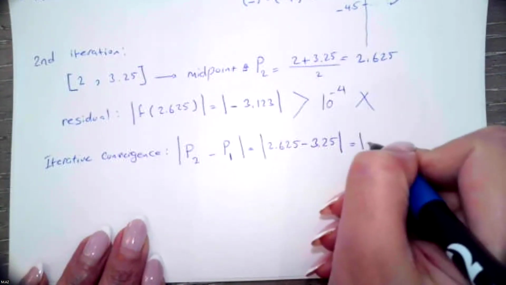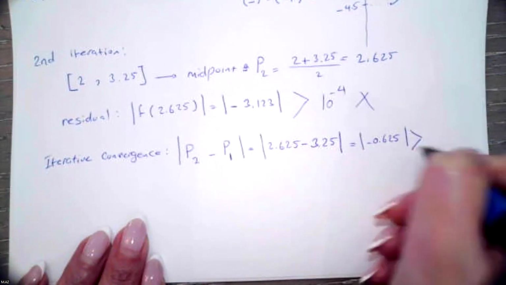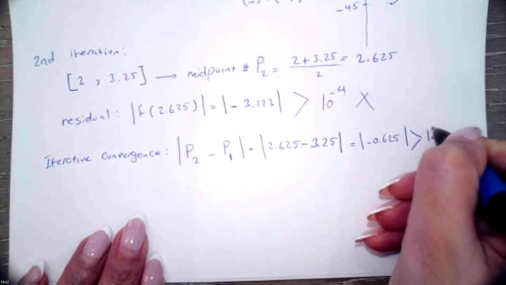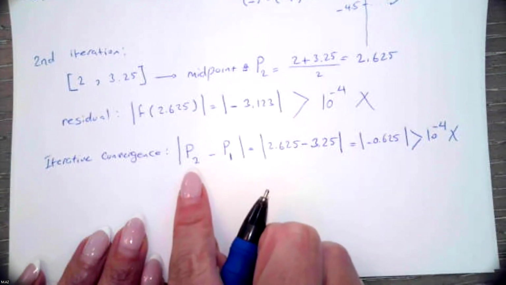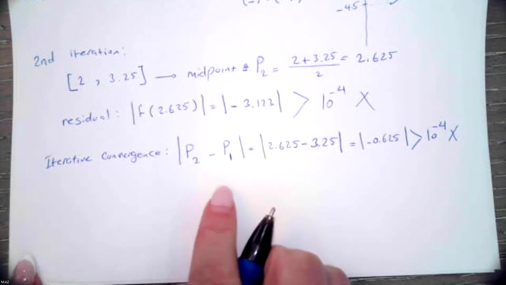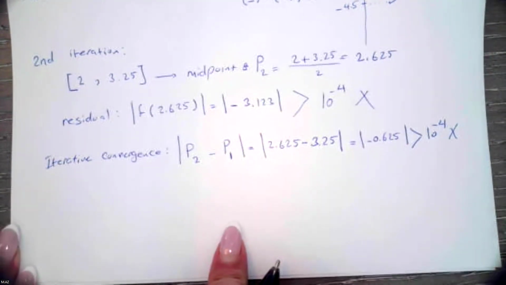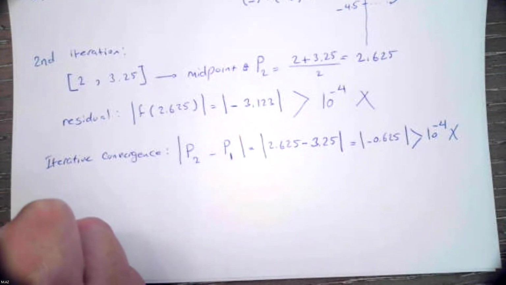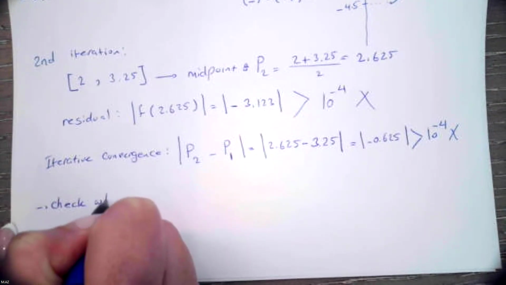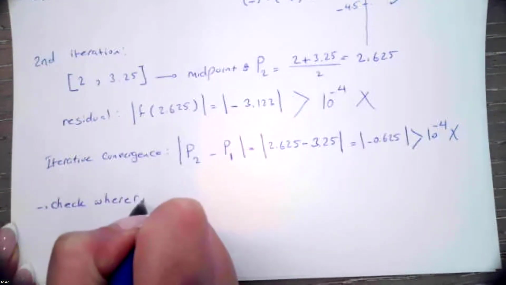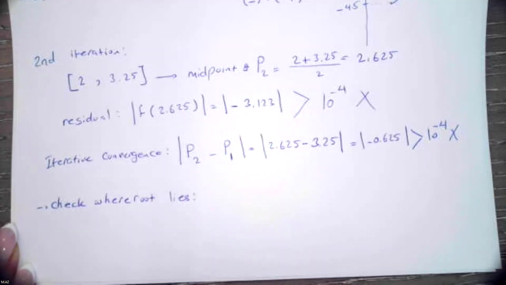And this is the value. And again, this value is larger than the tolerance, okay? And P2 is not the root for this example. The next step, we should check again where the root lies, okay?